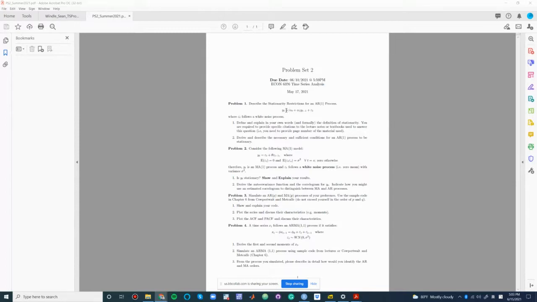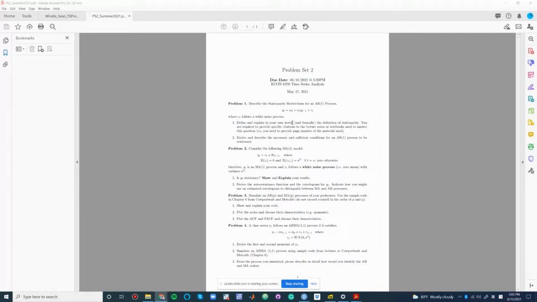Suppose that Yt is a time series process, or a time series random variable. Yt is equal to alpha naught, where alpha naught is a parameter, plus alpha 1 times Yt minus 1. What does that mean? This period's, the current period's, stochastic outcome depends on the last period's outcome and a shock. And we know that the shock follows a white noise process.